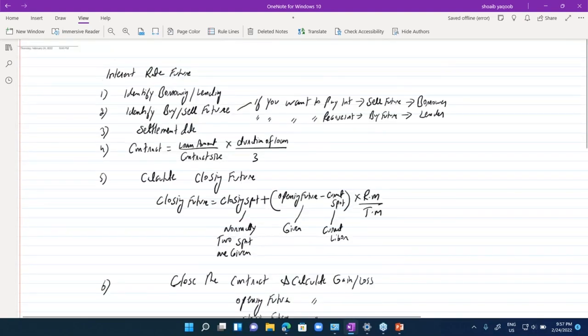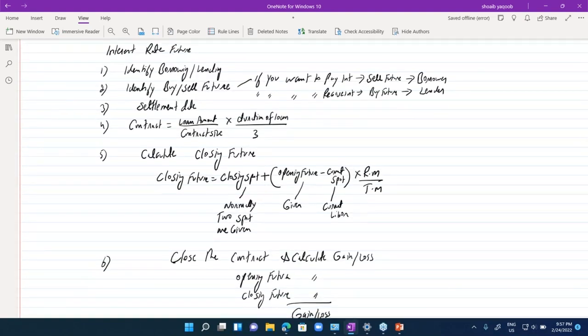So these are the steps which you will perform in calculation of interest rate future. Don't worry about that. These steps are very easy.